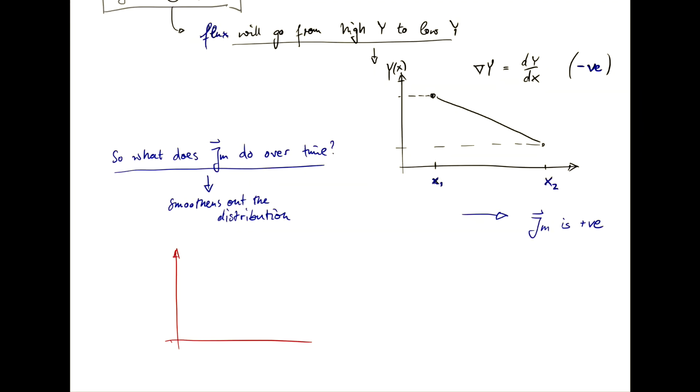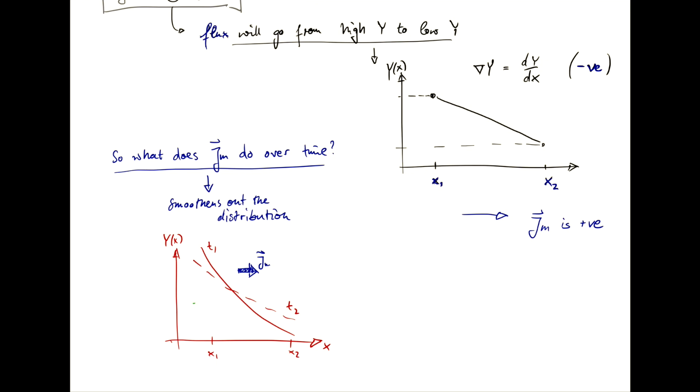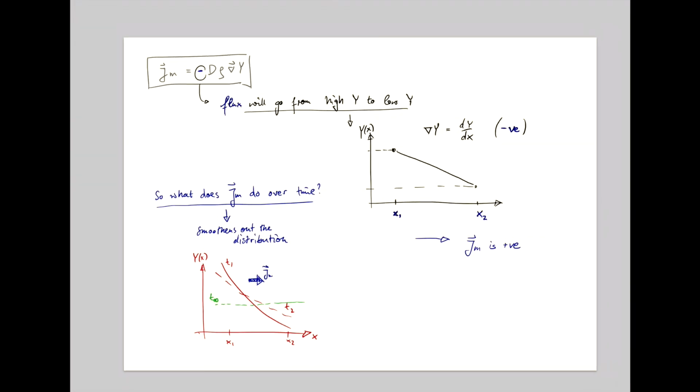So if at some time t1 you start with a mass fraction that varies greatly between x1 and higher values of x, then at a time t2 later on the mass flux from high to low values of x, Jm, will lead to a less steep gradient, and at an infinite time t infinity this will actually be uniform across the whole space.